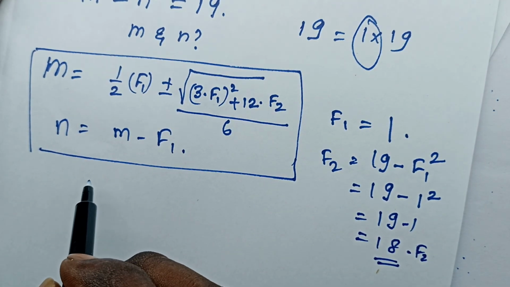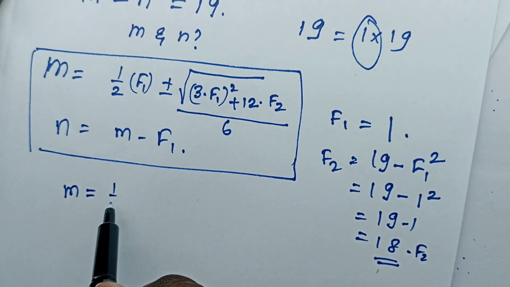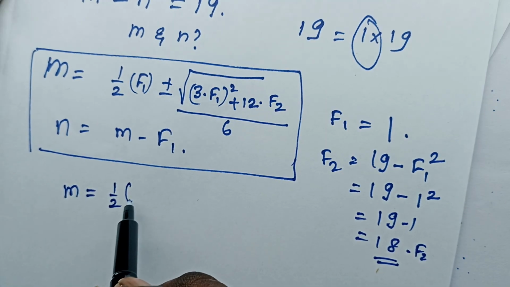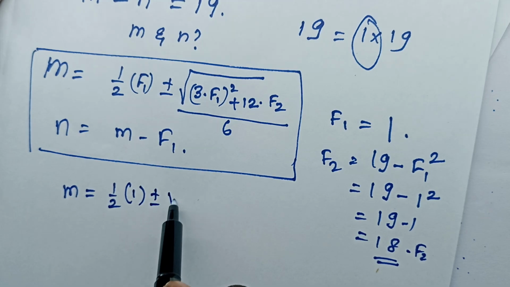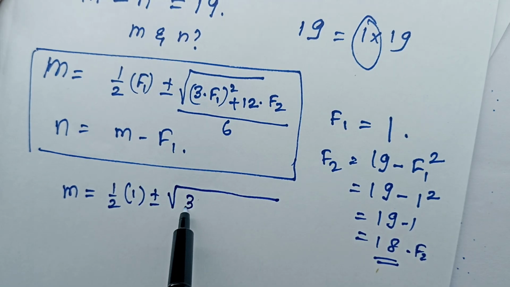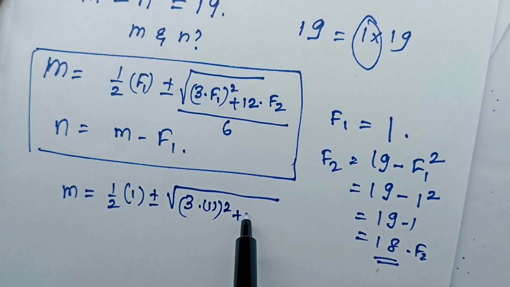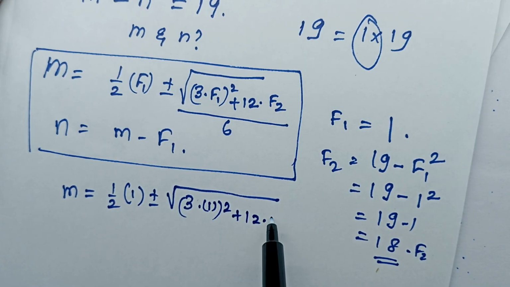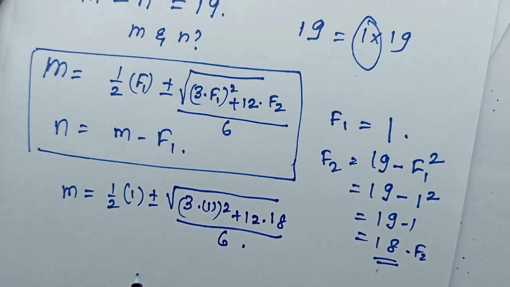Substitute the value. m equal to 1 by 2 f1, 1, plus or minus root of 3 into 1 whole square plus 12 into f2, 18, by 6.